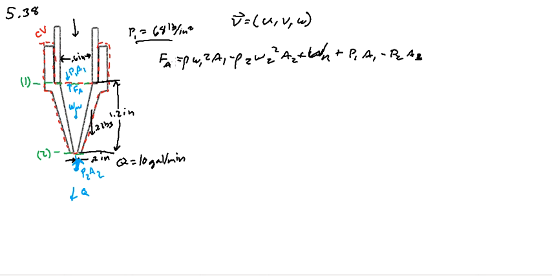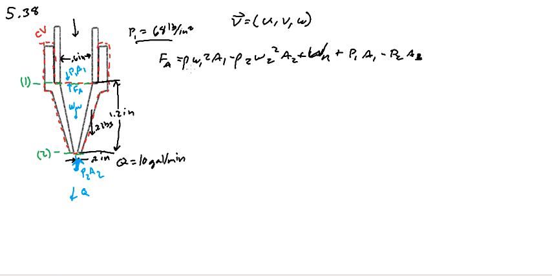So what we have here is the density, which, it's incompressible, so the density is constant, times a velocity.